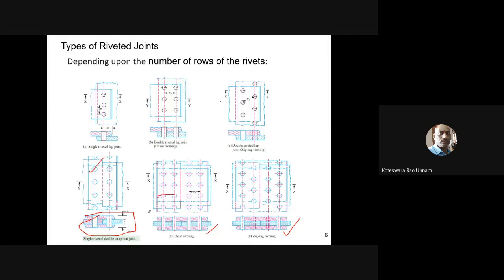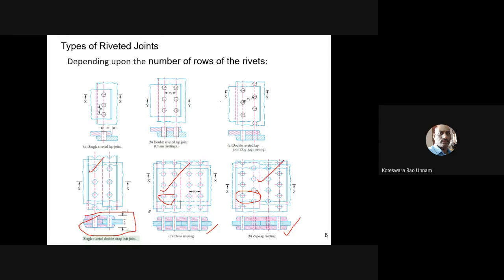In this case you have two rows, and in this case also two rows. The difference between these two is that this is chain riveting and this is zigzag riveting. So that is another classification, again in the double riveted, double strap butt joint, where you have chain riveting as well as zigzag riveting.